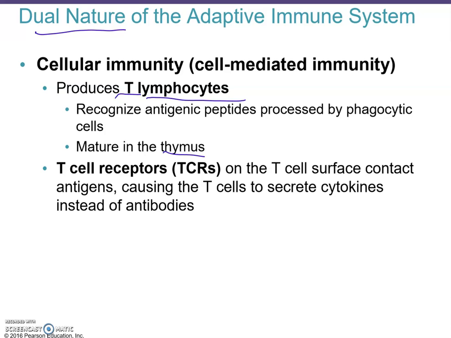They have receptors, T cell receptors, and they get in contact with the antigen, and then they typically secrete cytokines to communicate with and activate other branches of your immune system. They do not make antibodies. That's the job of B cells. So keep in mind, T cells, cell-mediated functions. B cells, they make antibodies.